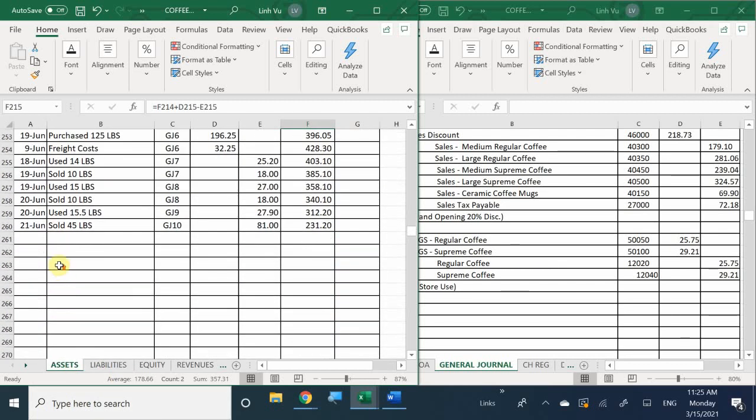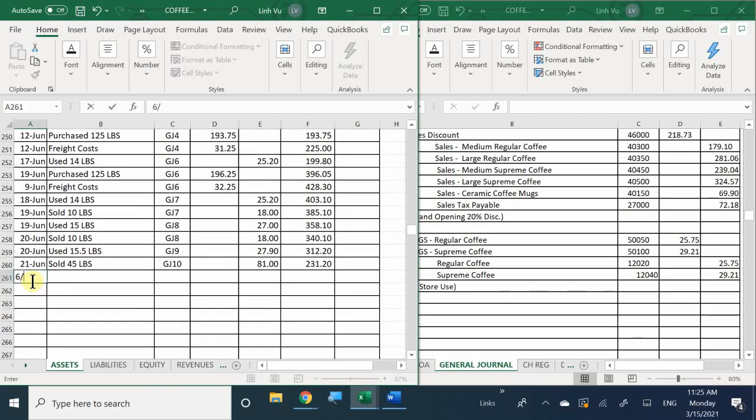All right, so last but not least, let's update our Supreme coffee. So here, 621 Supreme coffee. We used another 16 pounds. General journal number 10. $29.21.